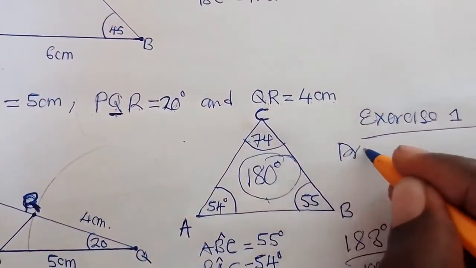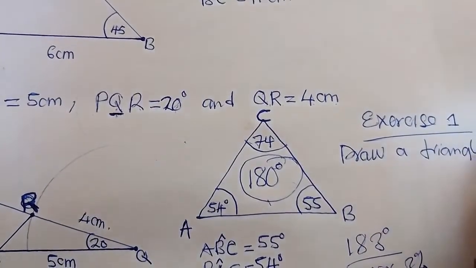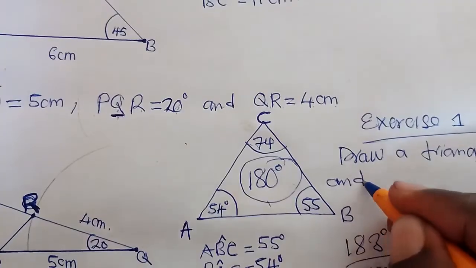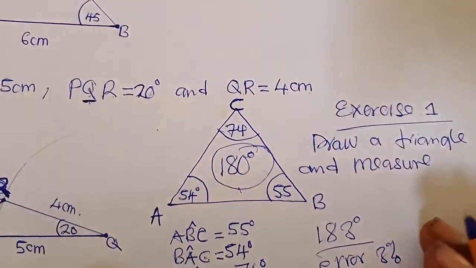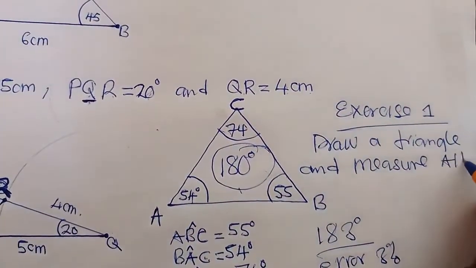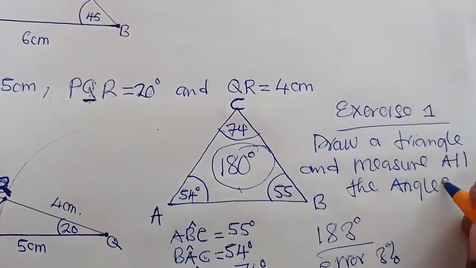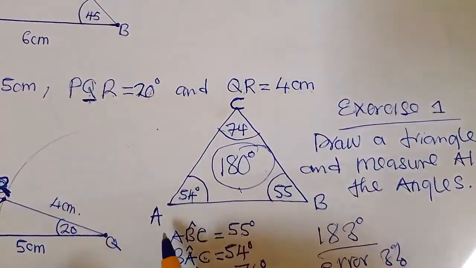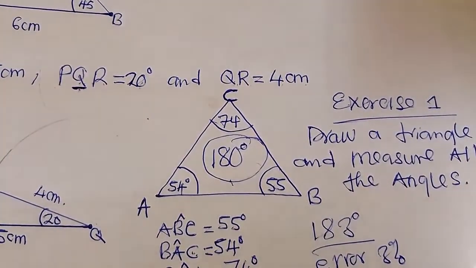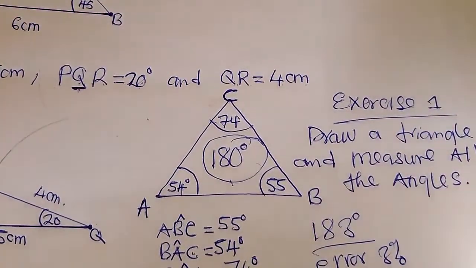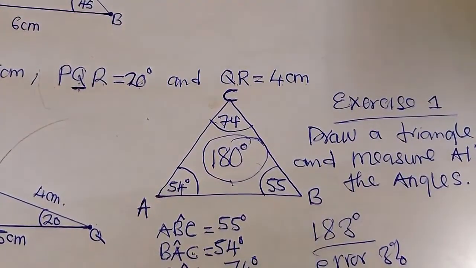Draw a triangle, any triangle without specific measurement, and measure all the angles the same way I've done. I want you to practice this. So let's make sure we do that.